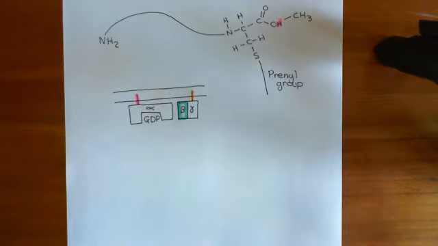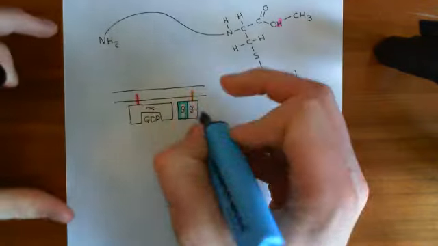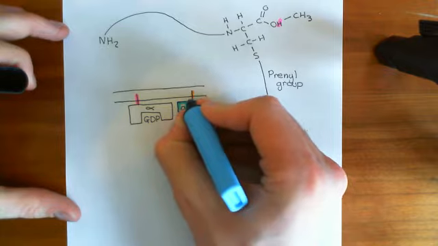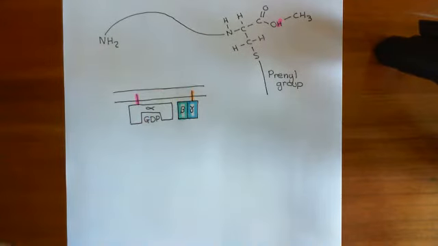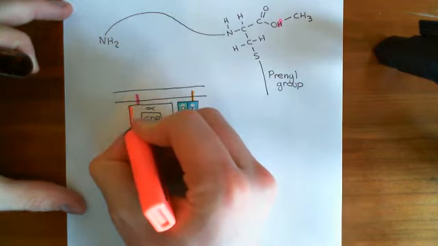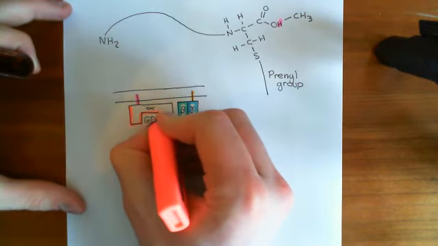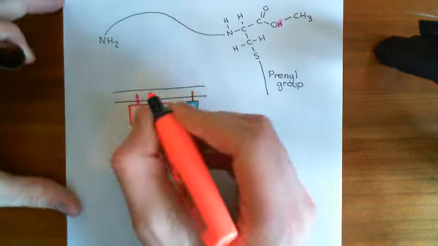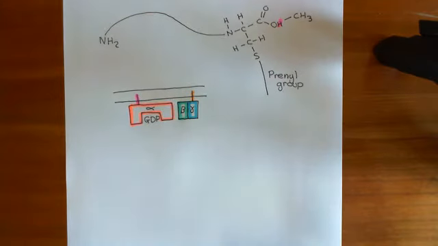Okay, so here's the beta subunit, here's the gamma subunit in blue here. And then we'll colour in the alpha subunit in red. So we've now discussed all the different types of alpha subunits, the different types of beta and gamma subunits. We've discussed this lipid modification, which is incredibly important. Do not dismiss this as trivial.